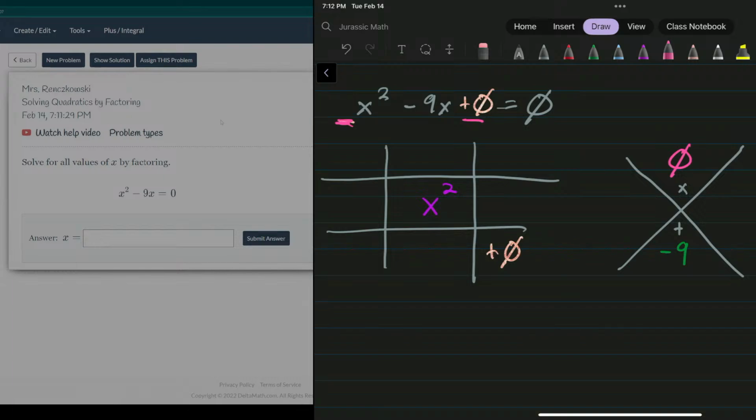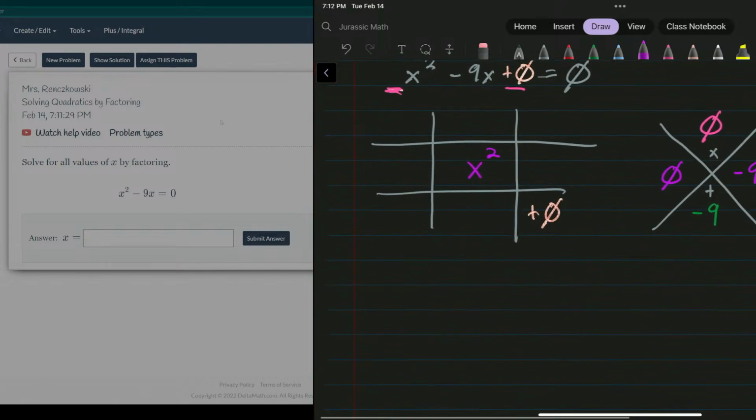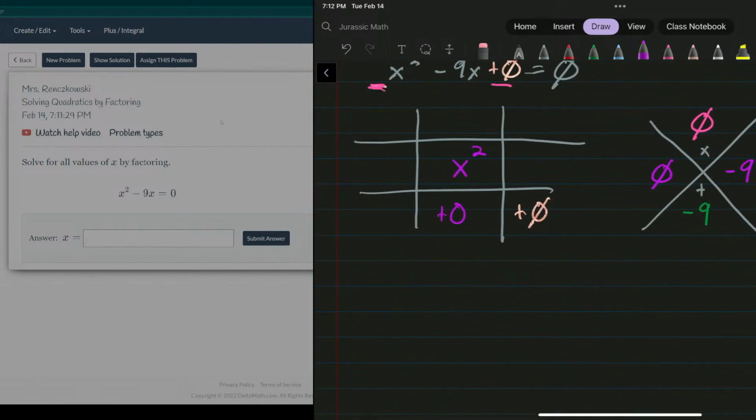So what times what equals 0 but adds up to be negative 9? Well, that's easy. 0 and negative 9. So that means we could put a 0x here and a negative 9 here.